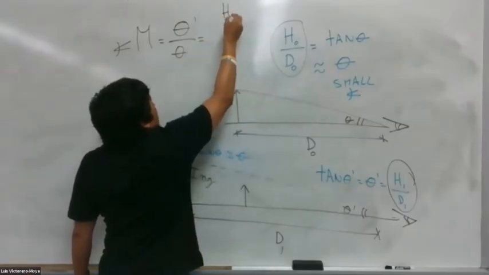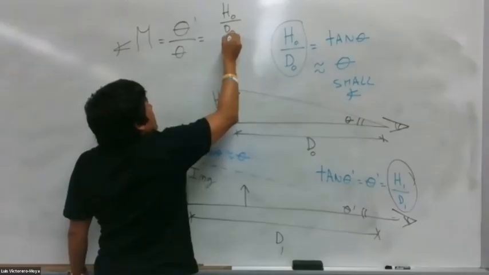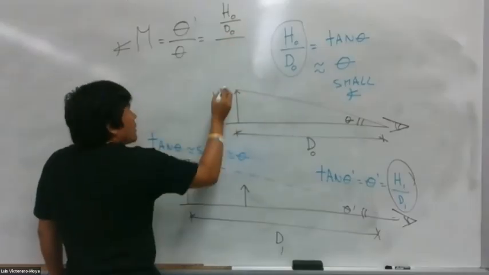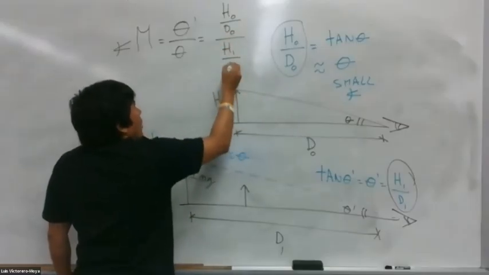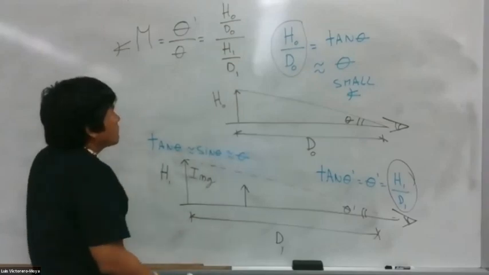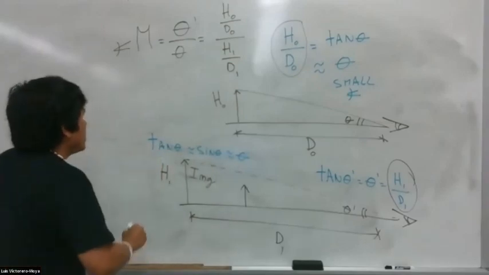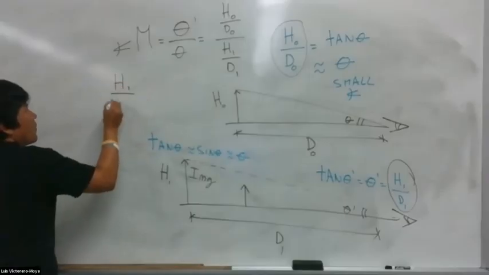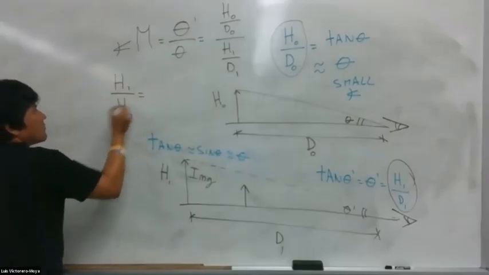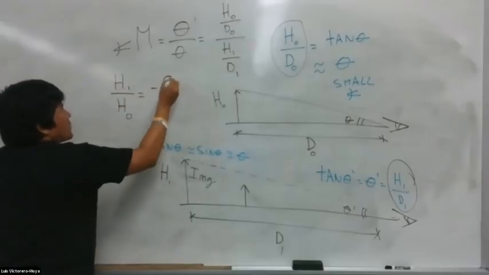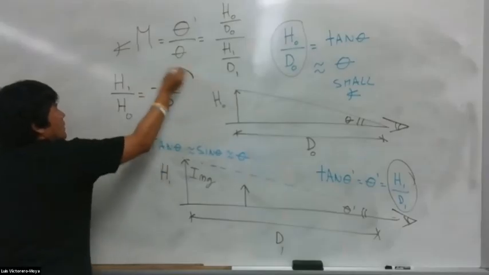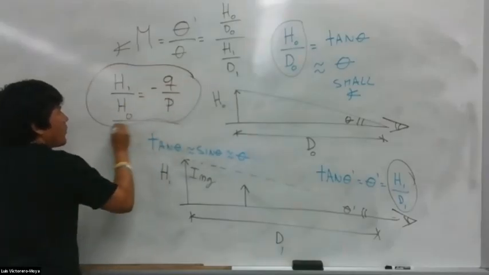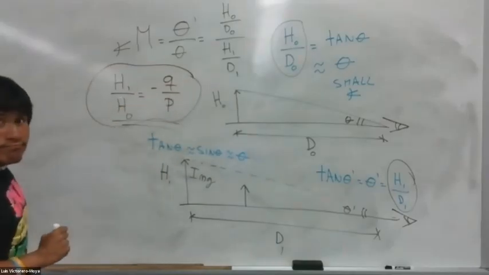Similarly, H naught over D naught over H1 over D1. But one question, how do you relate H1 over H naught? Minus Q over P. Tomorrow, we'll do a problem on that.